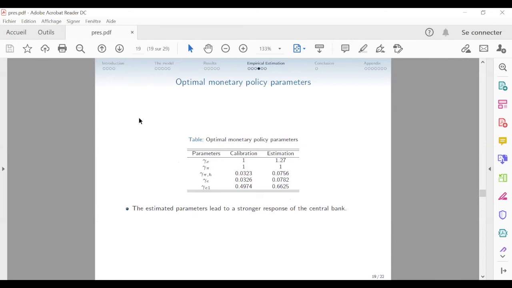The thing to say here is that with the estimated values, the central bank responds more aggressively to all the variables to set the expected inflation actually. Gamma_E is the response to the current exchange rate, and E1 to the expected exchange rate.